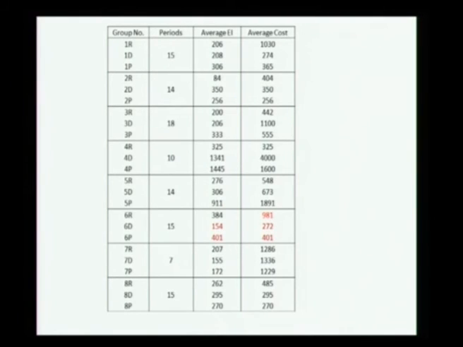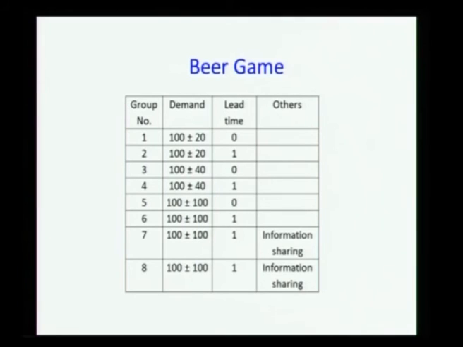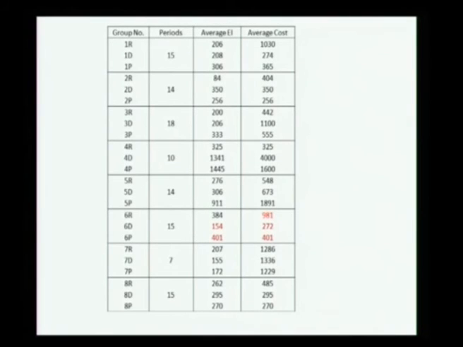Now, we realize that groups 1 to 6 did not have information sharing, while groups 7 and 8 had information sharing. And now, when we come back and look at group number 7, which is here 207, 155, 172, we observe that the average inventory in the system is far less than the one that is in group 4 or group 5 and so on.